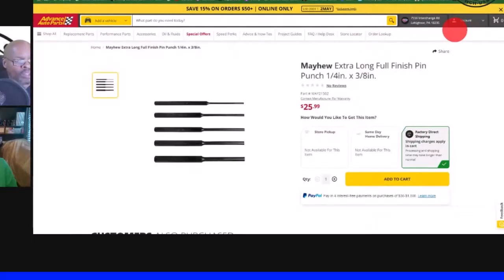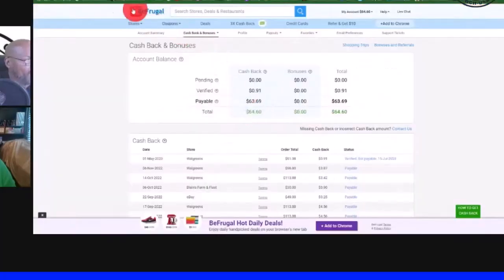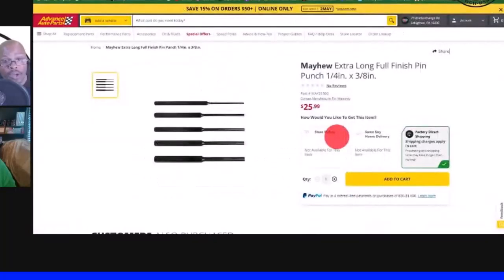Now I'm getting closer to 20%, aren't I? When you add that up, and as you can see, I have money out there. That's real. Use your cash back. You just went from 15% to 19% by doing nothing but typing in a code and clicking on a button. Come on, that changes the game.